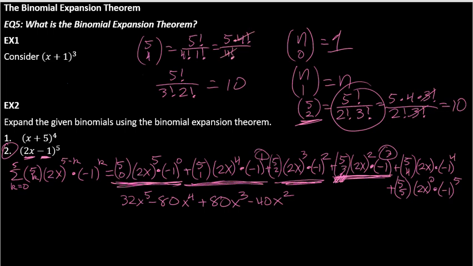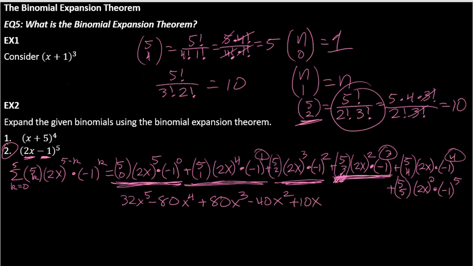It's going to cancel out with the 4 factorial here on the bottom, leaving me with just 1 factorial. So 5 over 1 factorial, that's just going to leave you with 5. Okay, so 5 choose 1, 5 choose 4, they end up being the same thing. Okay, so that's just going to be 5, and then times 2x, so 10x, and then we have an even power, so it's positive, so it's just going to be plus 10x.